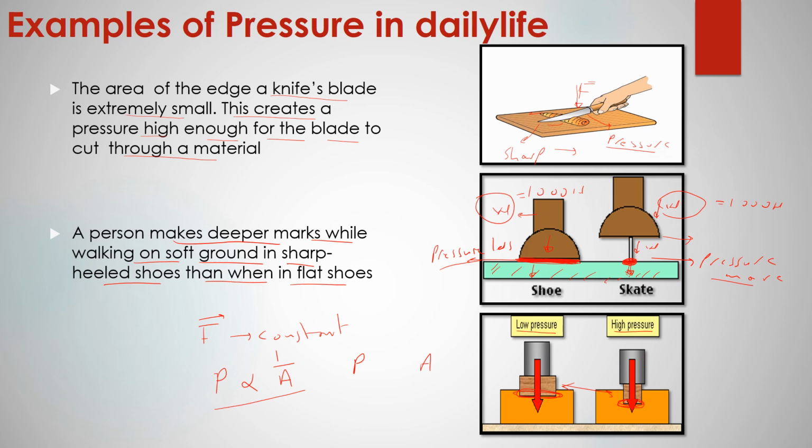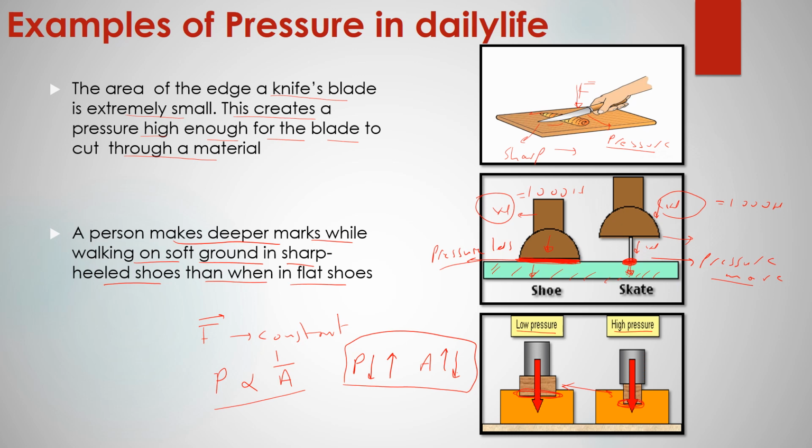If the surface area of the object is increased, then the pressure produced decreases. If the surface area is decreased, then the pressure produced on the surface increases. So this is the relationship between pressure and area.